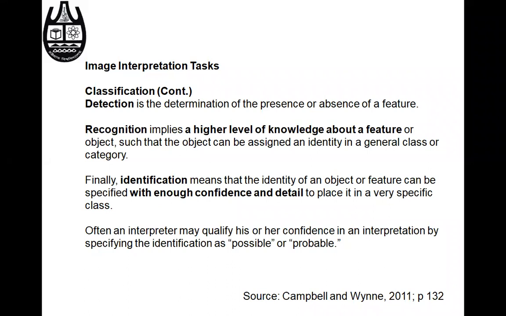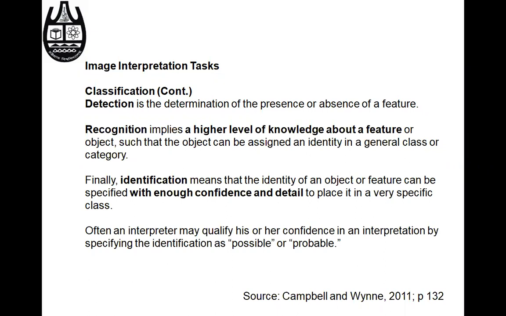So classification can be in three steps: first of all detection, then recognition, then identification. All these three can be present in a photograph. Then your photograph or image is, we can say, a good image, and you can know many things from there.